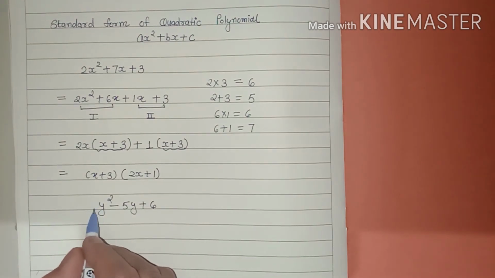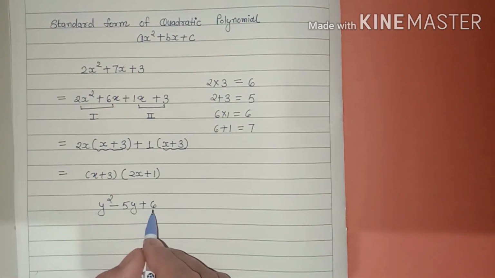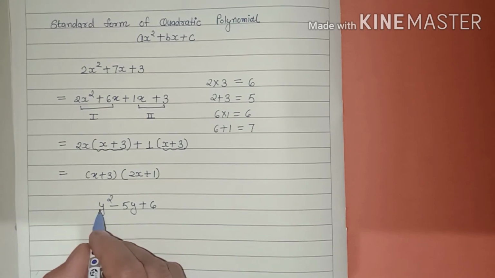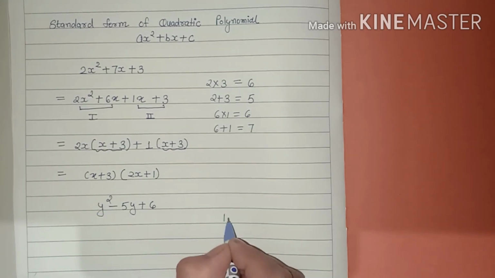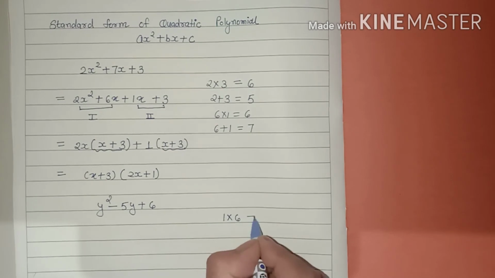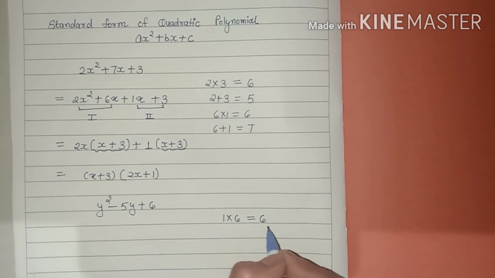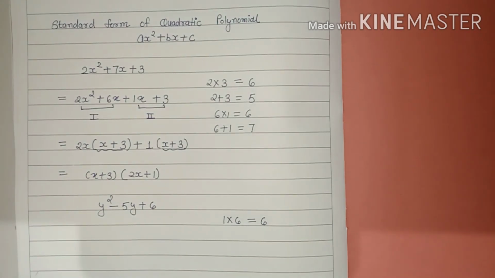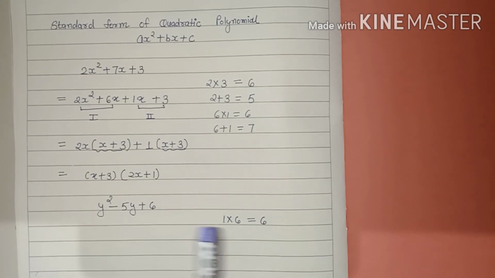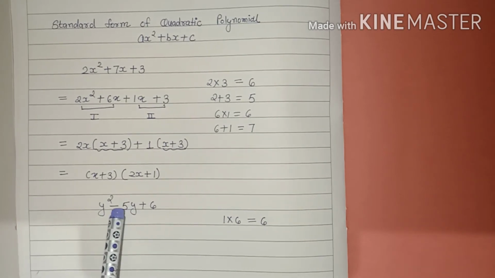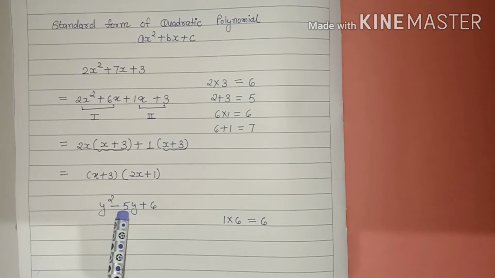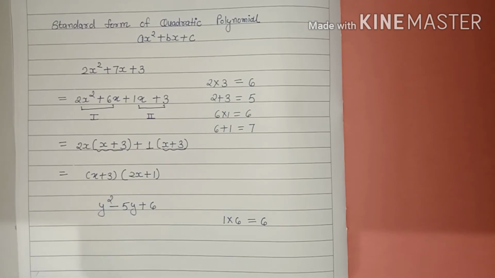Now we will multiply the coefficient of y square with the constant term. Here the coefficient of y square is 1 and the constant term is 6. It means 1 into 6, we will get 6. Now we have to think about two numbers whose product is 6, and when we add or subtract those two numbers we will get minus 5.